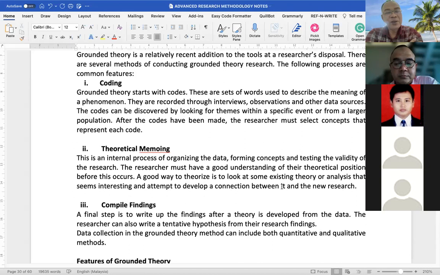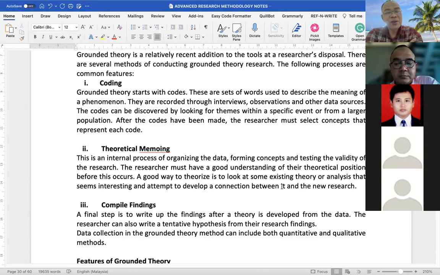For example, in compliance behavior of zakat, the researcher has to understand the basic words used to represent the factors or the determinants of paying zakat, such as subjective norms, religiosity, perceived behavioral control, attitude, and others.